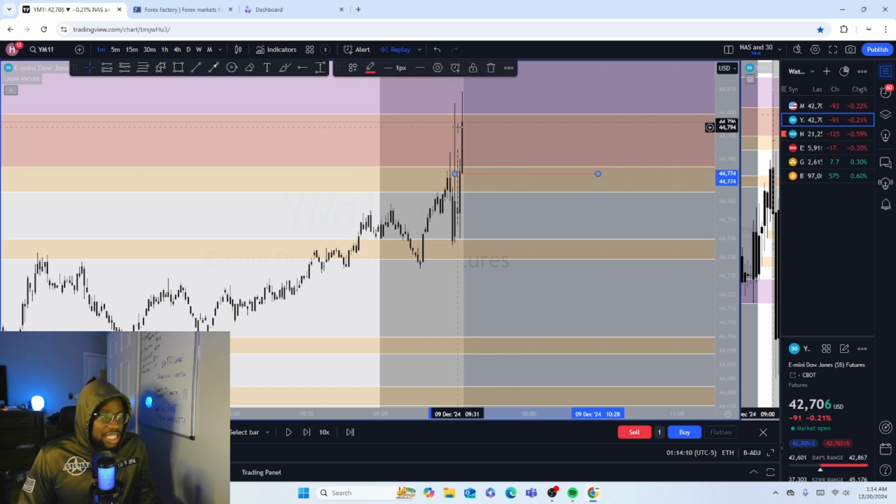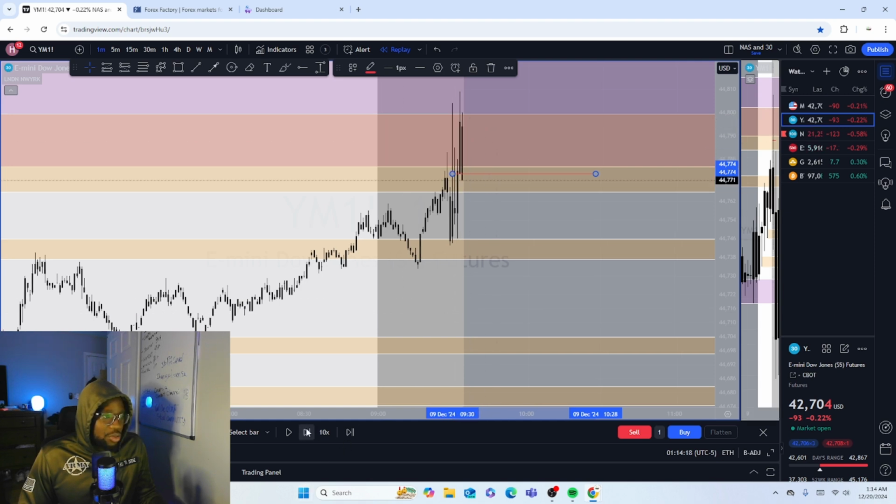Because this is the last bullish candle that I'm waiting for price to come back down and then take it out and then go in the direction it wants to. So what I usually wait for is, right, we get a bullish candle.